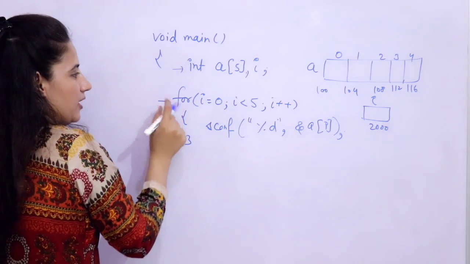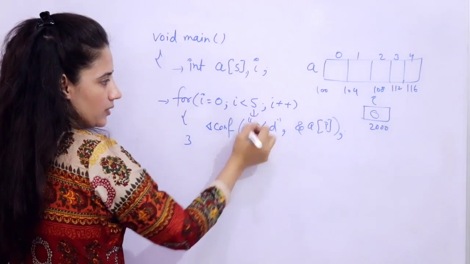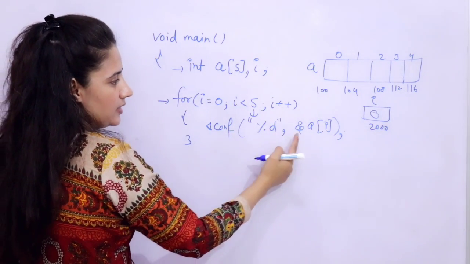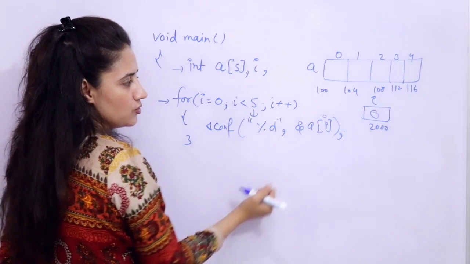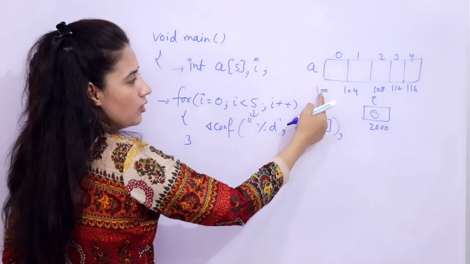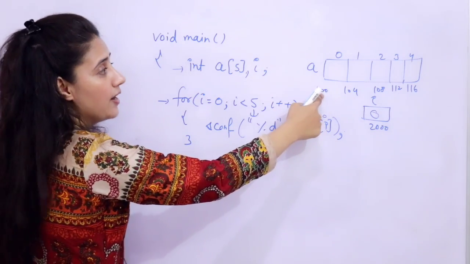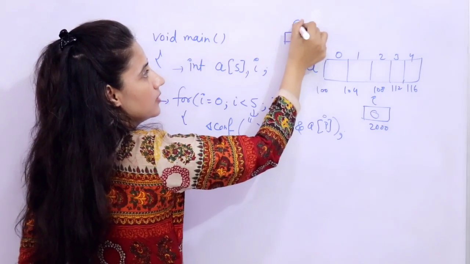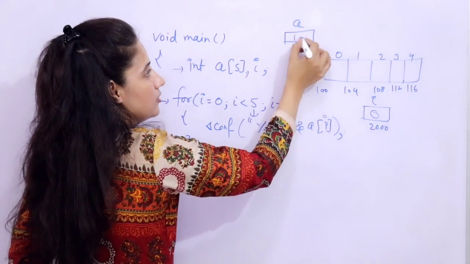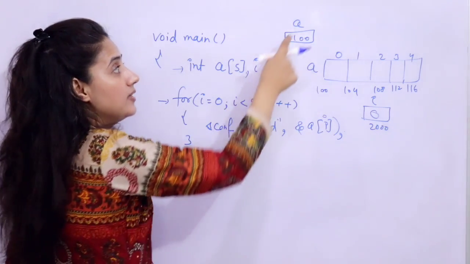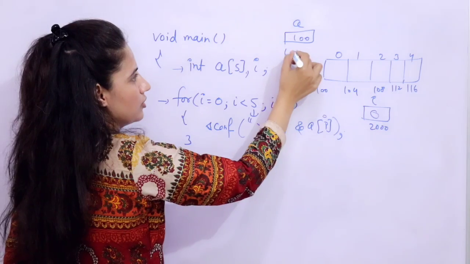Now when the compiler comes here, for i equal to 0, i is initialized with 0, the condition is true, so it enters. In scanf %d, where would the data be stored? Address of a of i, where i is 0 first of all. So the address of a of i is 100. This base address 100 is stored in a, which acts as an internal pointer, and the address of a itself is some address, like 1000.